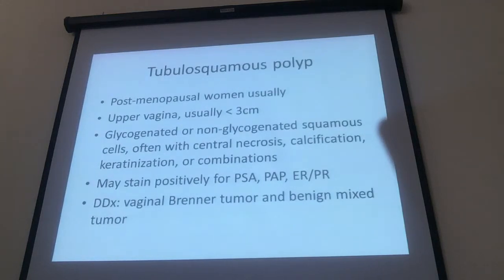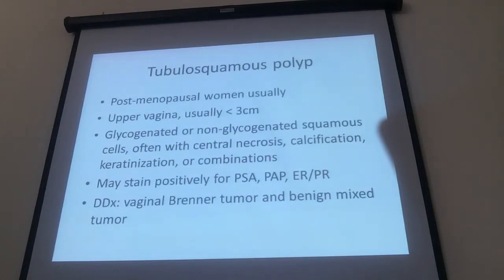Tubulosquamous polyp is a very unique lesion, although there's also a correlate in the cervix. This is usually postmenopausal women. So women where estrogen levels have fallen and you're getting a little more androgenic stimulation. In those women, you can get these little lesions in the upper vagina that are often positive for prostatic markers.